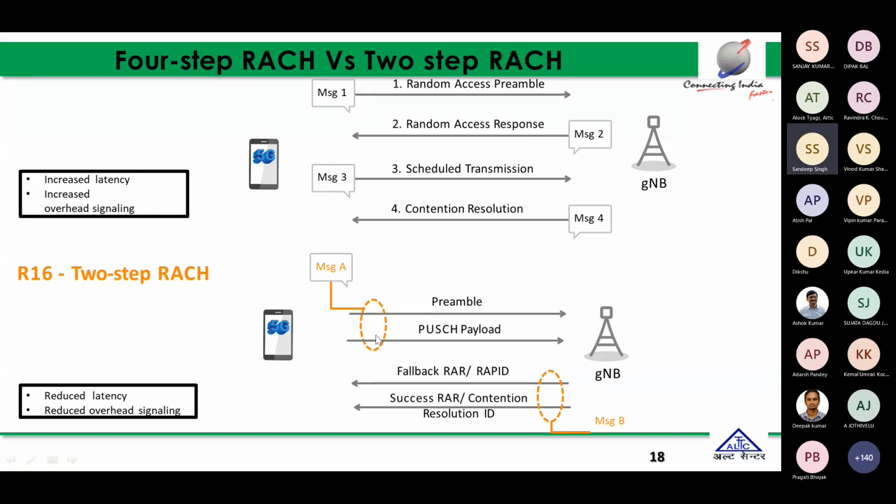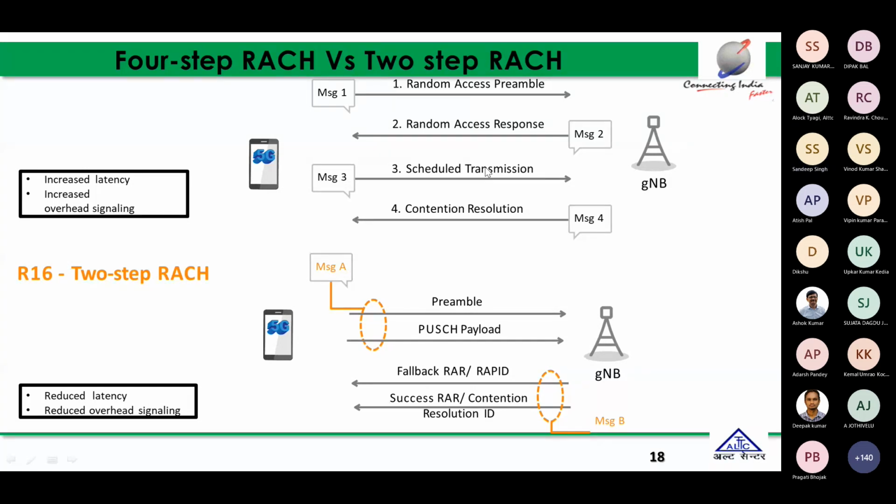In message A, they are sending the preamble and also the PUSCH payload. What is the PUSCH? Actually, it is message 3. This PUSCH payload is already informed to the UE via the SIB1 message, System Information Block 1.